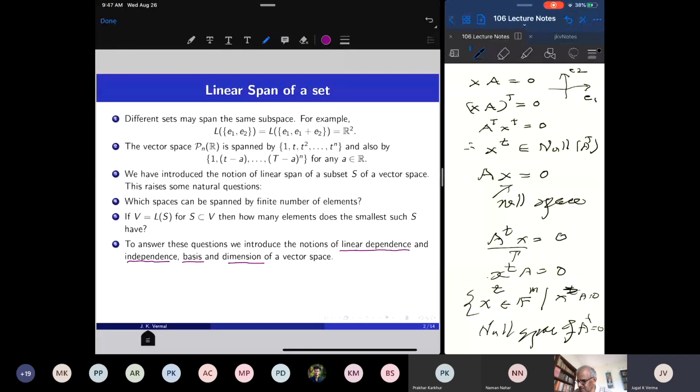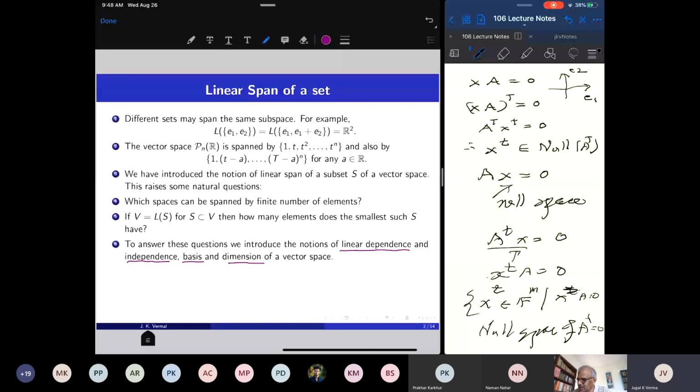And once we understand this, we will be able to prove that if a vector space is finite dimensional, that is, it is the linear span of a finite set, then any two smallest subsets whose linear span is the whole space will have the same number of elements, and that number will be called the dimension. So let us justify these words, that dimension is a unique number associated with a vector space.